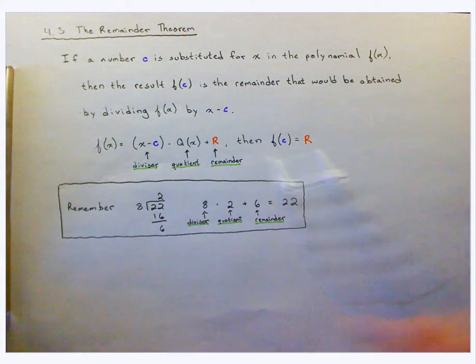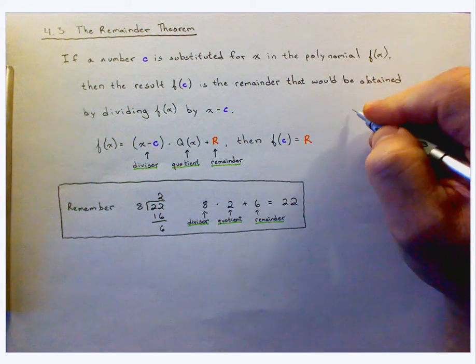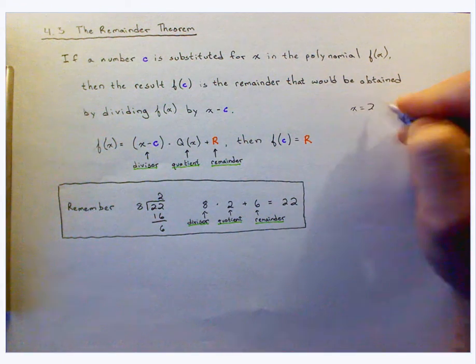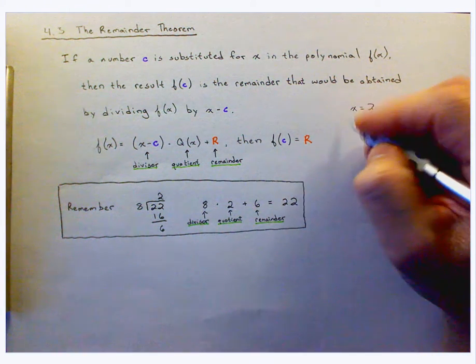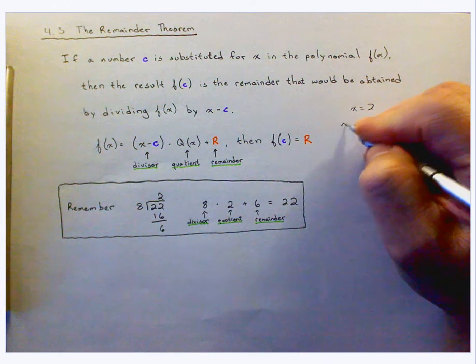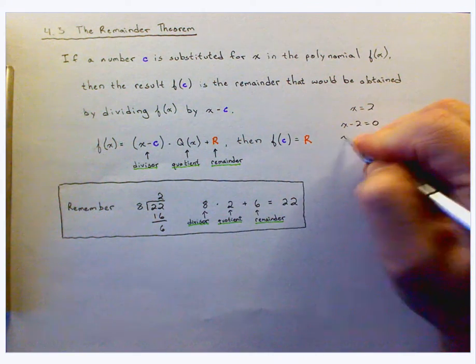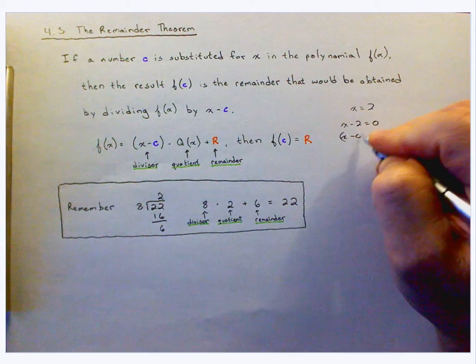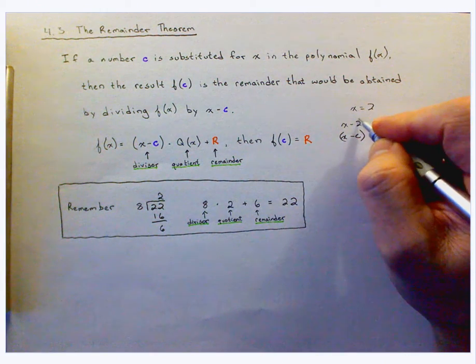And see how we did that? If I know, let's say, x equals 2, well, let's set it equal to 0. So move the 2 over there with x, that becomes x minus 2 equals 0. That's where I get my x minus c. That is the c value right here.